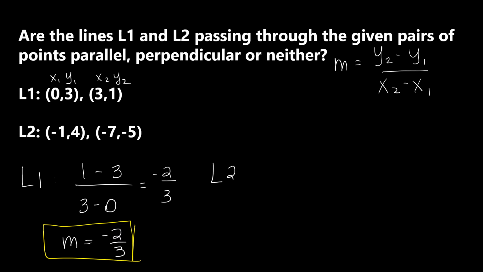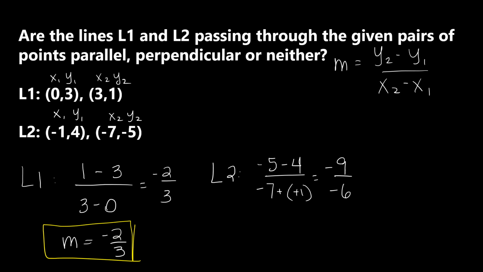Now let's look at line 2. And we're going to do the same. Label our points. So y2 is negative 5, y1 is 4, x2 is negative 7, and x1 is negative 1. So we just go ahead and simplify. Negative 5 minus 4 gives me a negative 9. Negative 7 plus 1 gives me a negative 6.